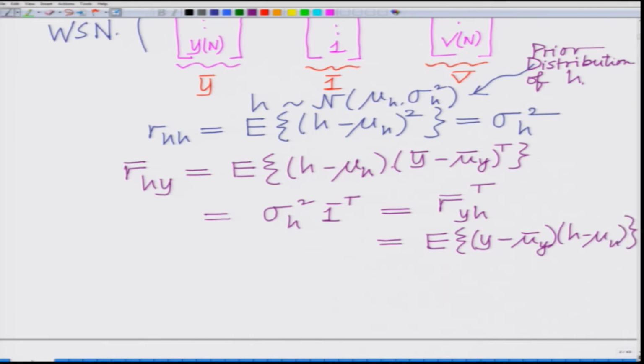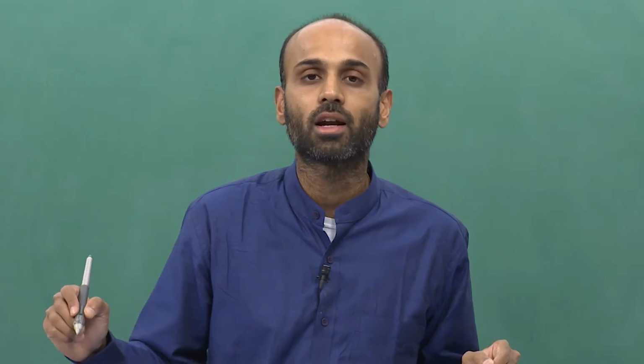And you can see this quantity r bar h y is nothing but the transpose of this quantity r bar y h. So, these two quantities are basically transpose of each other, that is r bar h y is r bar y h transpose. Okay.